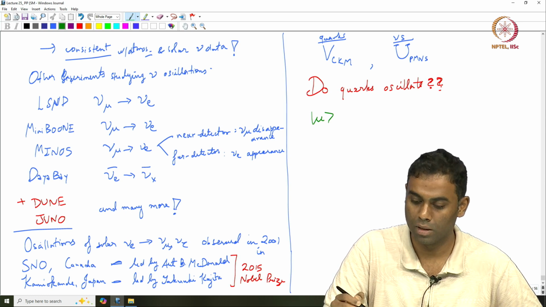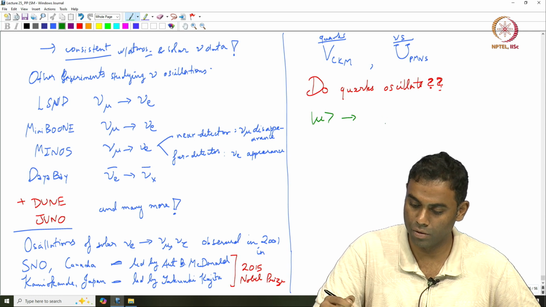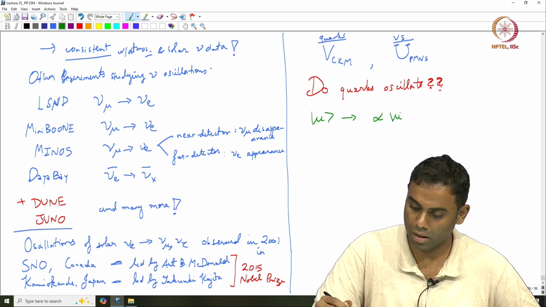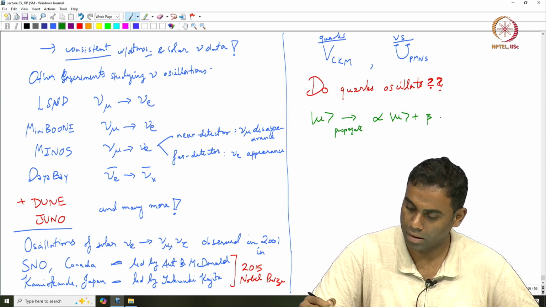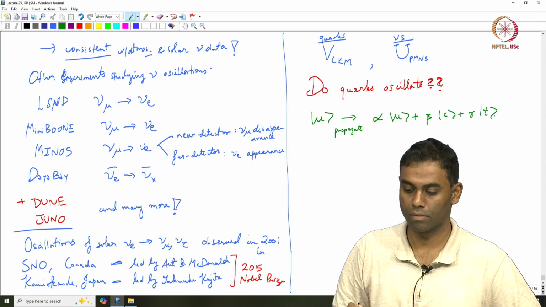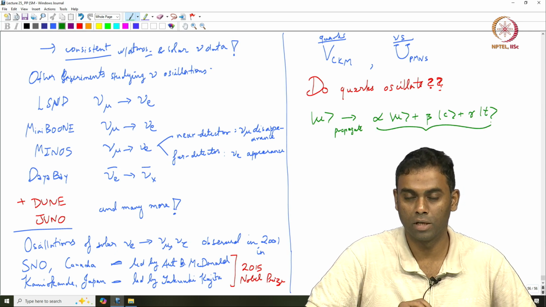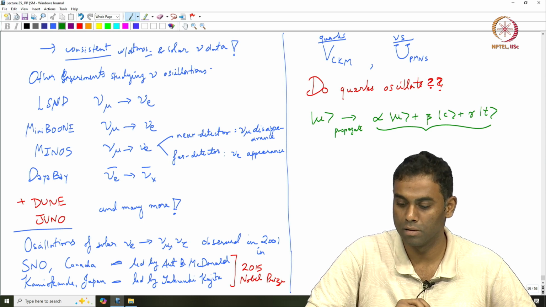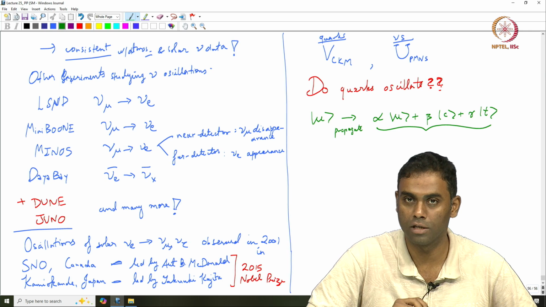I know that it mixes, so as I propagate, it becomes up and charm and top. So, with time, as it propagates over a certain distance, as it evolves, I can get this. So, why do we not talk about quark oscillations?